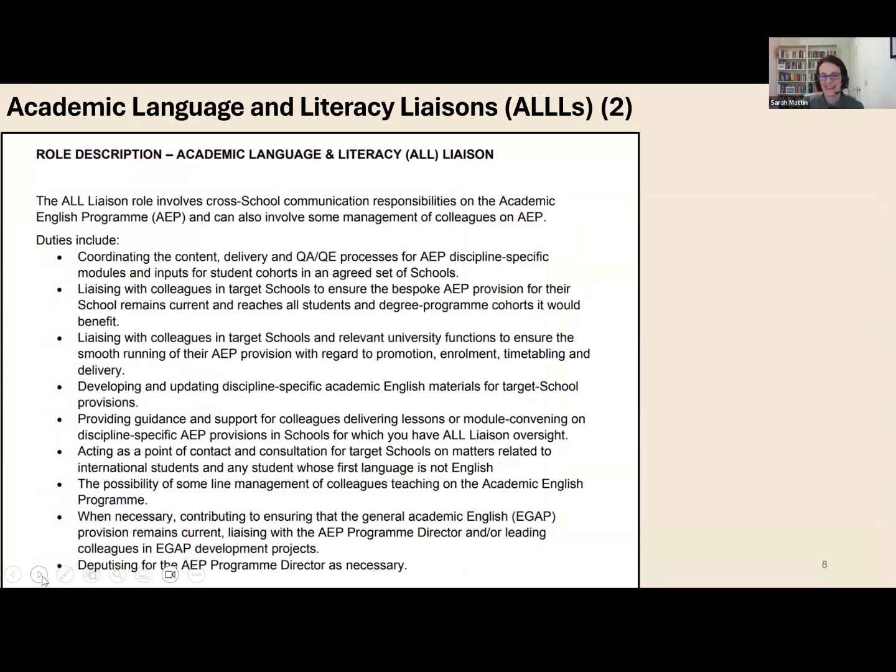When we came up with these roles, with the support of the head of school, obviously we then had to really sit and think about, well, what does this mean to be a liaison between an EAP centre and an academic school? How are we going to describe this in a role description?